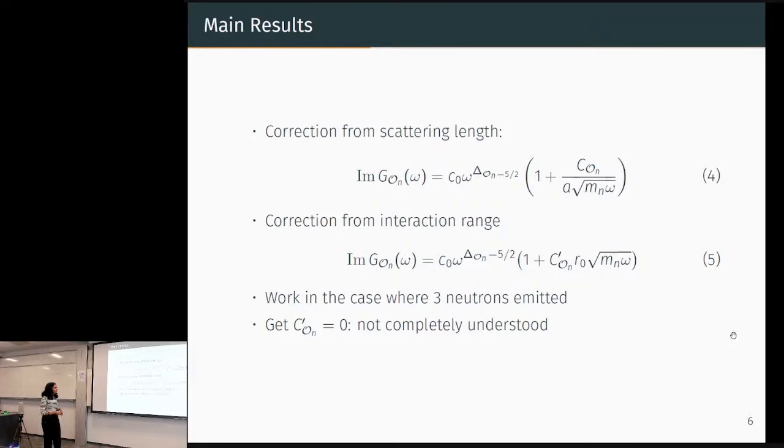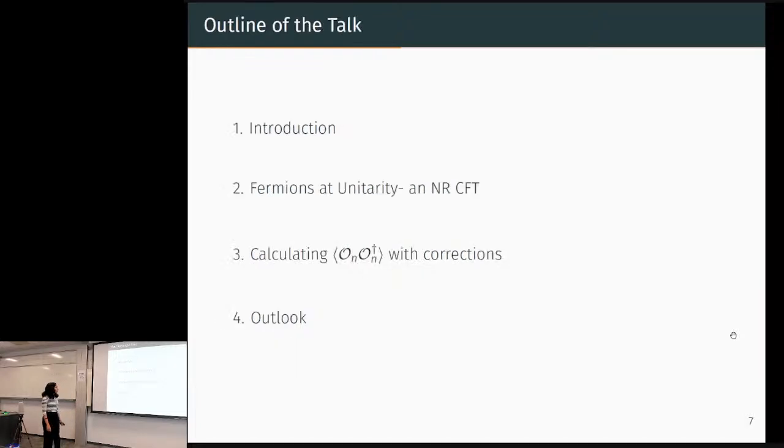R0 is like 2.74 meters, so it's a small number, pretty small, relative to the scattering length, which is around 24 meters. Good. So if C prime had not vanished, that term would still be a small correction. Yes. The surprising part is that it is exactly 0 in integer dimensions, and that's what we don't understand.